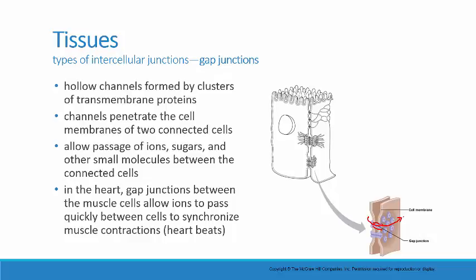That's what I mean by synchronization of all of these muscle cell contractions. And so that allows the heartbeat to be very organized, very synchronized. Okay, so three different kinds of intercellular junctions that we associate with cells and with tissues.